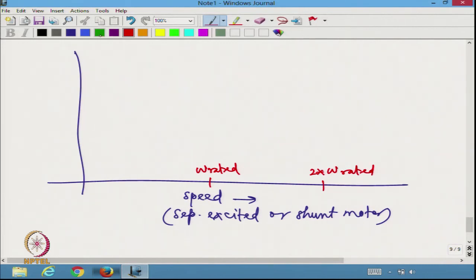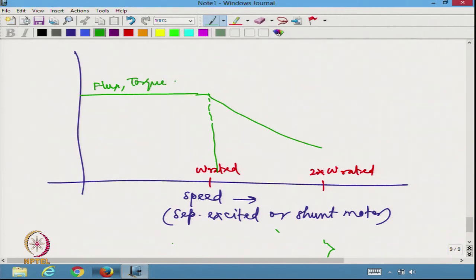So, the flux is going to remain constant until omega rated, but after that I may reduce the flux. The flux may get decreased. So, this is flux as well as torque capability. So, multiple variables we are drawing. The voltage will rise like this because as the speed rises I am going to increase the voltage. So, this is Va.